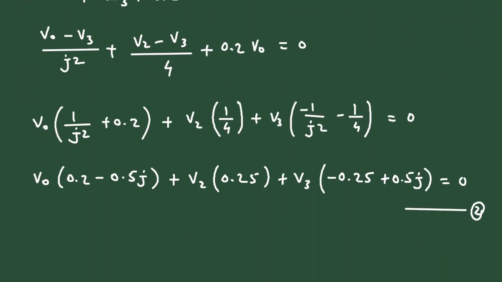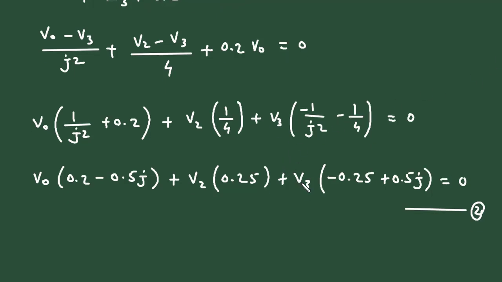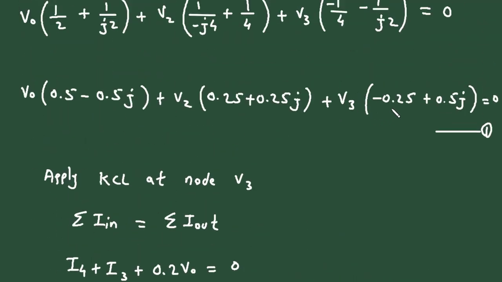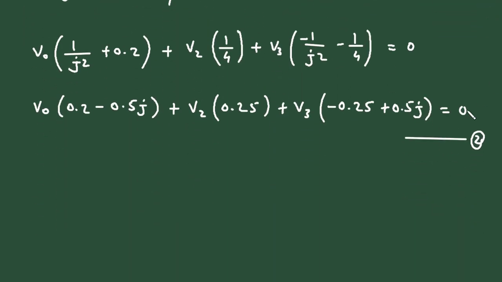So what we will do? Here we can see this V3 is minus 0.25 plus 0.25j. Here also V3 is minus 0.25 plus 0.5j. So let's subtract equation 2 minus equation 1.